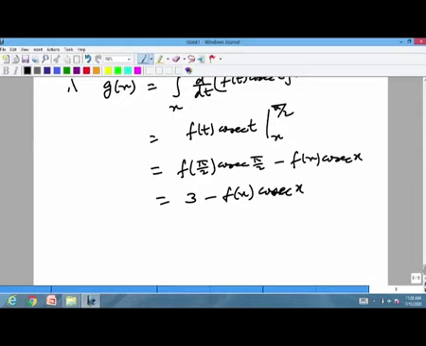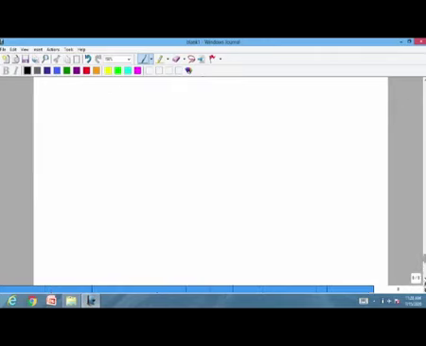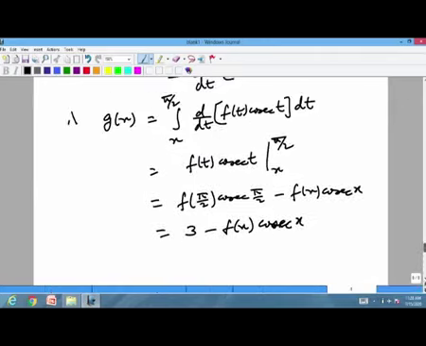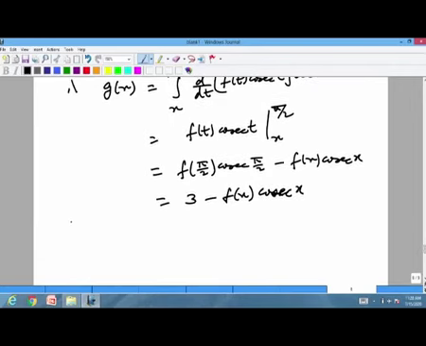So, note that cosec x is 1 by sin x. So, it is not defined at x equal to 0. Cosec 0 is not defined.